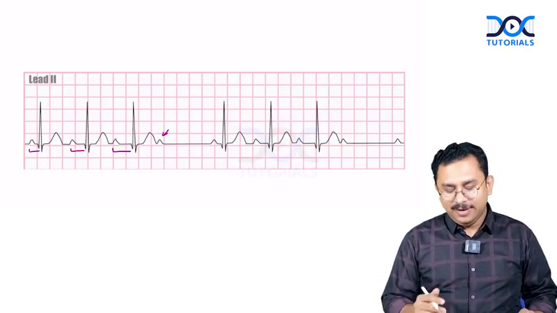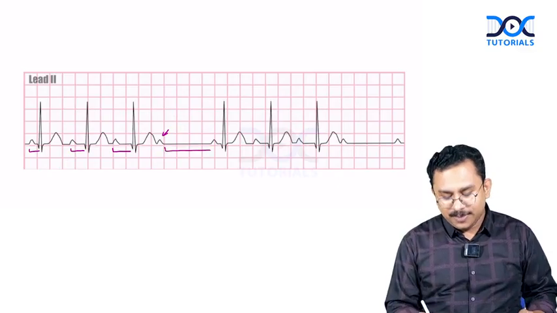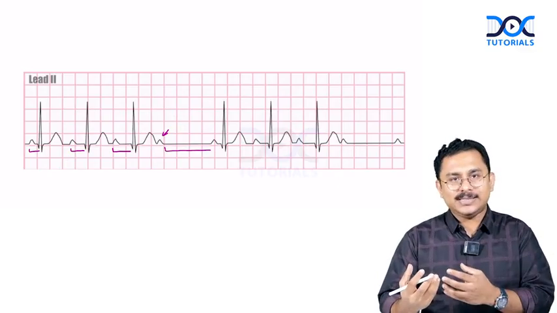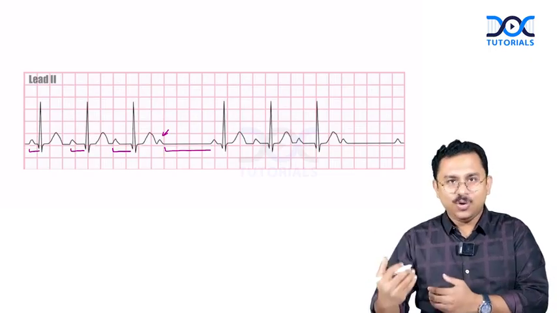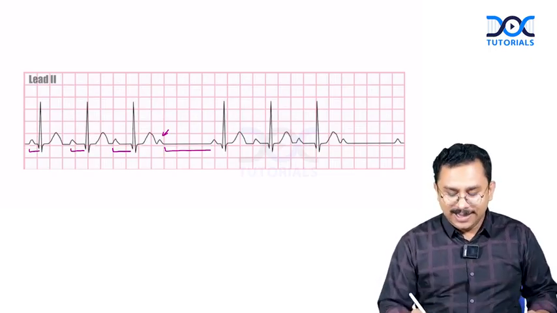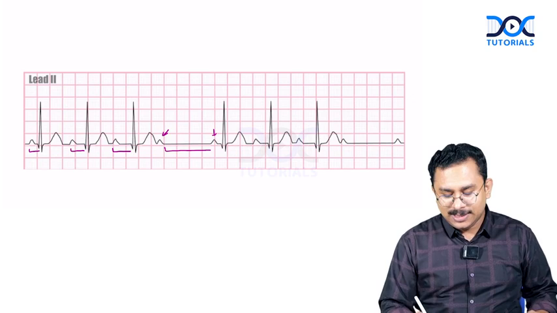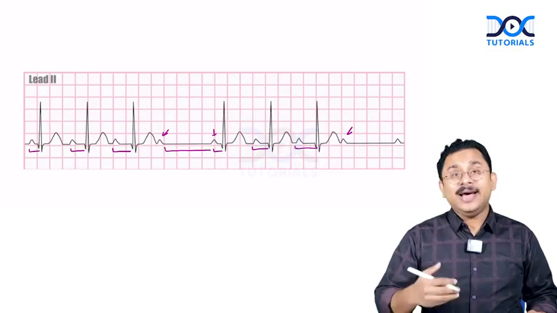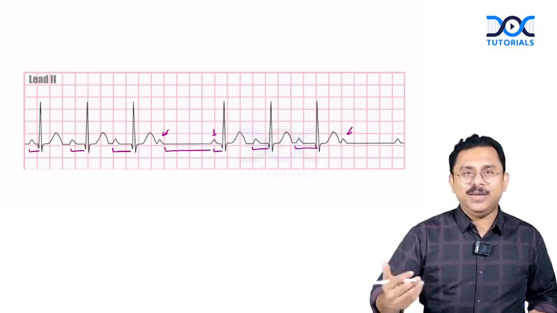Following a pause, where you have atrial depolarization but no subsequent QRS complex, the P wave again appears, and again there is progressive prolongation of the PR interval and then a non-conducted P wave.